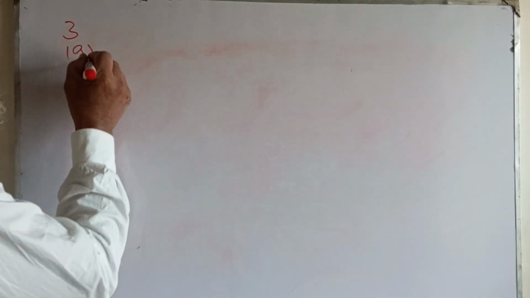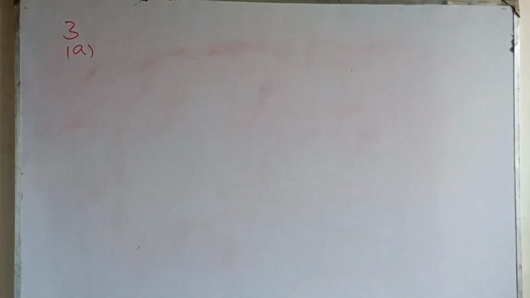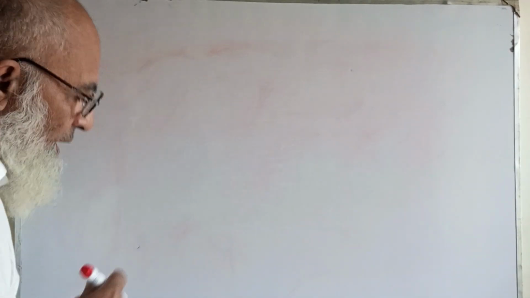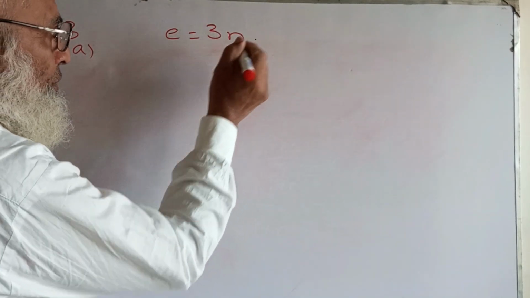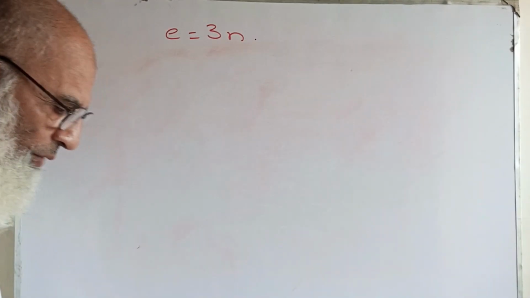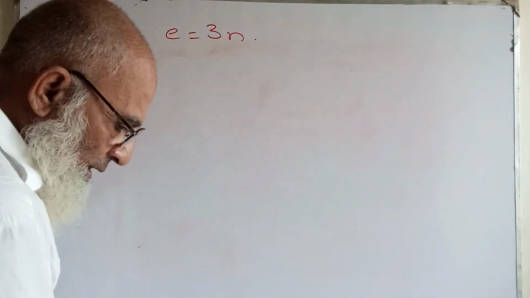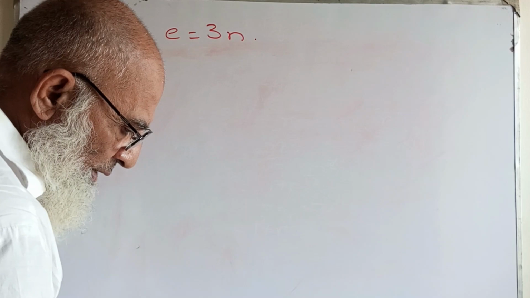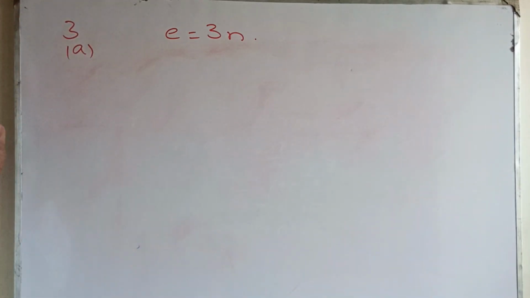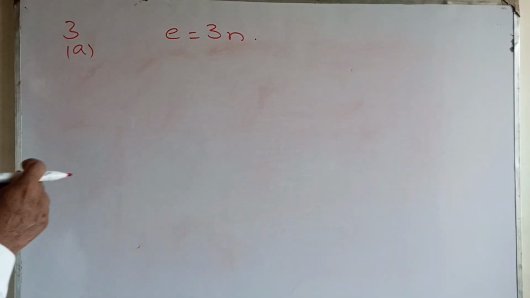Let me take part A and part B. Let me read the question first. E is equal to 3n. Now n, as he has explained, relates to the number of sides.